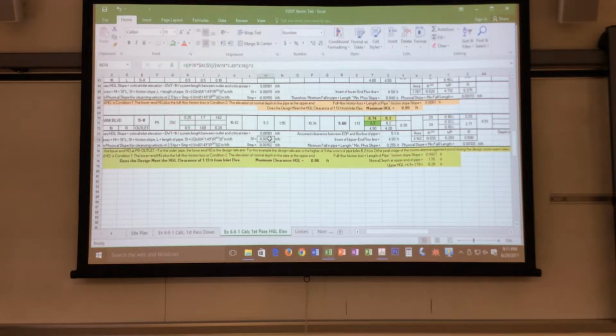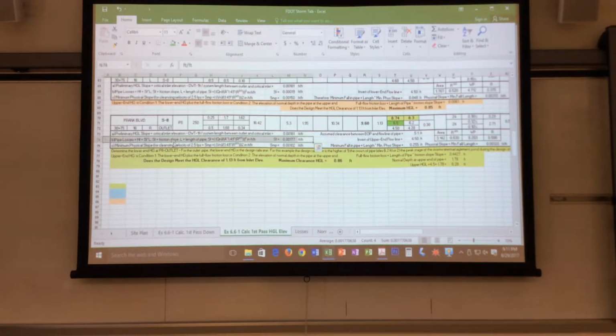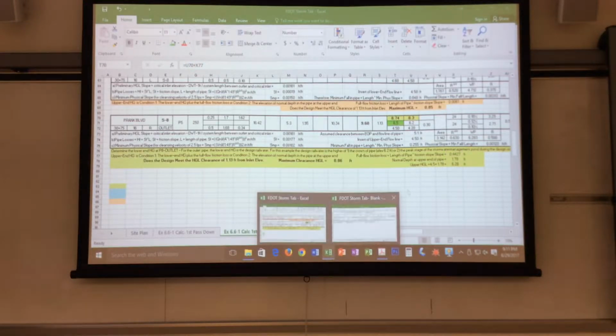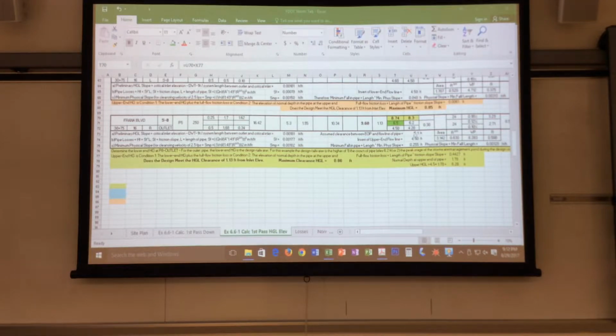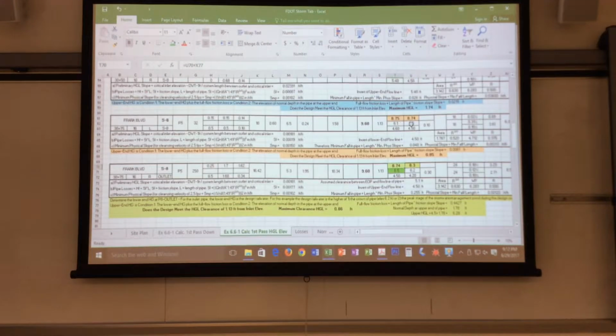Or you could have just referenced this cell here, and that's your friction slope from the calculations. You could have referenced this cell here, all right? So what we did, to figure out the upstream HGL, we took the friction loss and added it to 8.3. It's that simple.